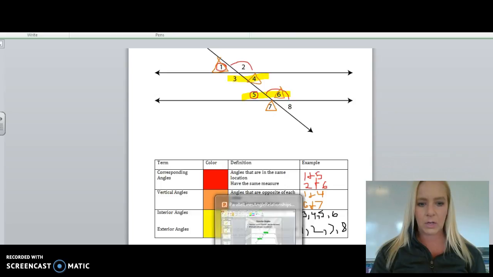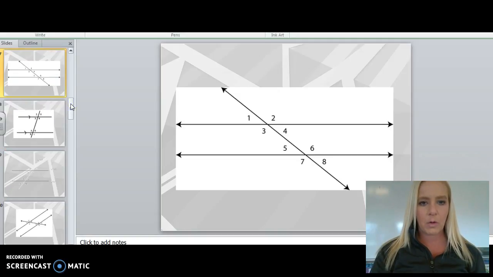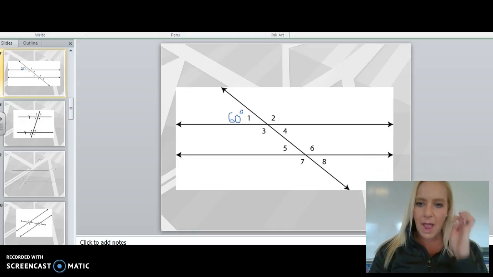Now, one last thing I just want to introduce you to. Knowing corresponding angles can help you to find angle measures. So, for example, let's say the measure of angle 1 is 60 degrees. The corresponding angle of 1 is 5. So that means 5 is also 60 degrees, because they are corresponding, they have the same measure.